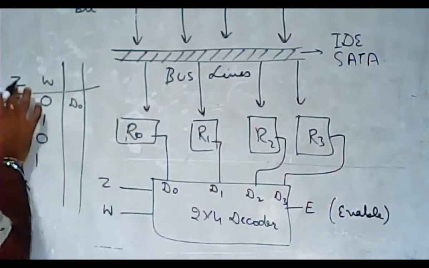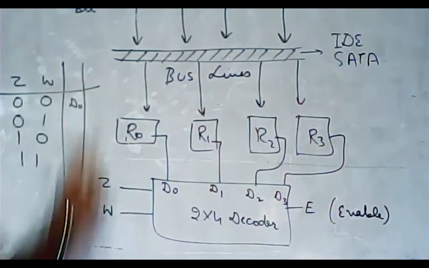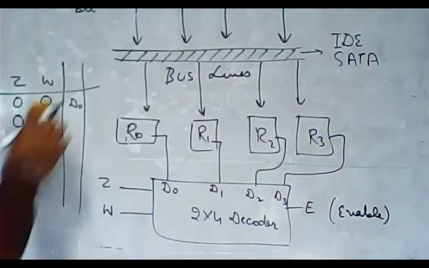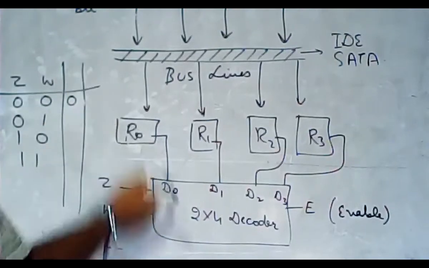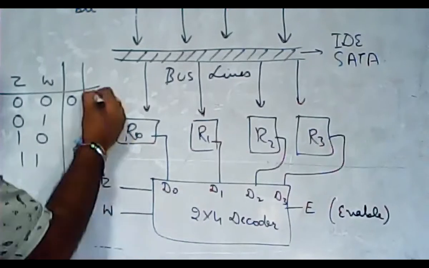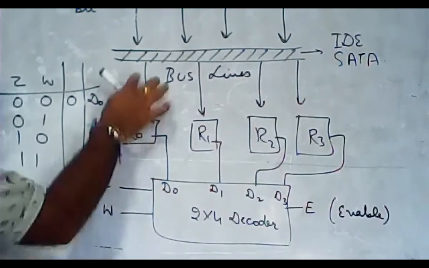If the value of Z and W is 0, 0, the decimal equivalent is 0, so the D0 signal will be activated, that is, the R0 register will get the data.